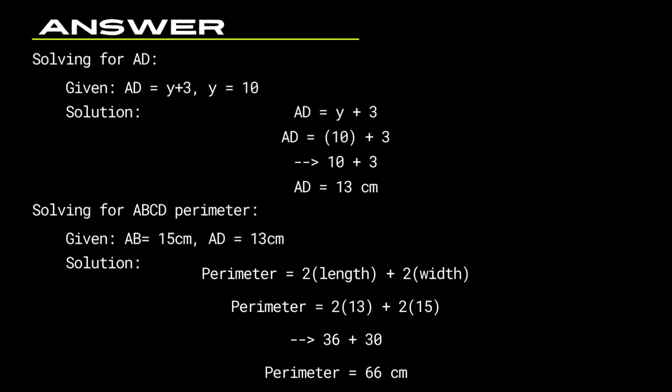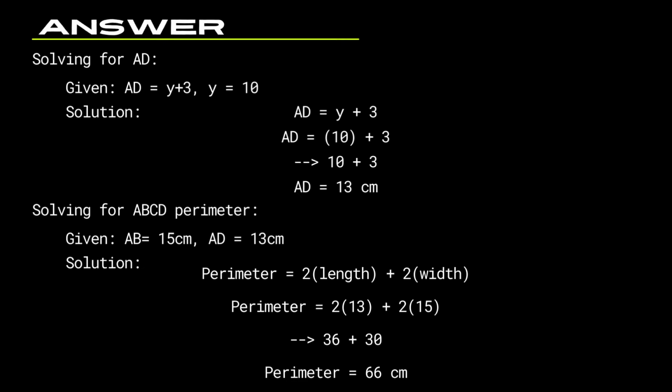Then we simplify, which will give us the length of AD, which is 10 plus 3 is 13 centimeters.